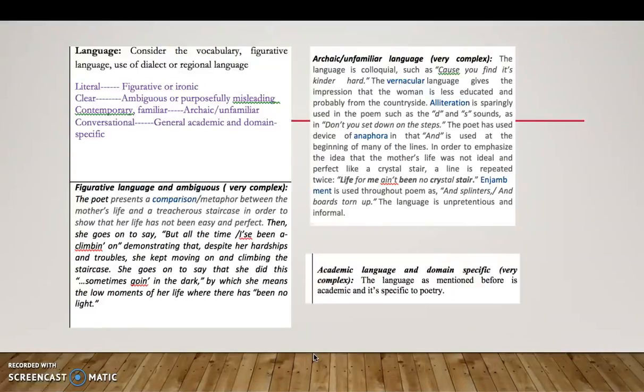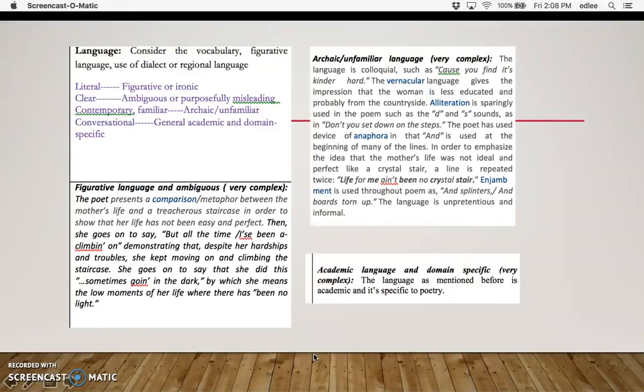When she goes on to say, "but all the time I's been a climbing," that demonstrates that despite her hardships and struggles, she keeps moving on and climbing the staircase. She goes on to talk about how she keeps on going in the dark. By this, she means the low moments in her life, where there has been no light. Some of this information could be very ambiguous to students and includes various different kinds of metaphors.